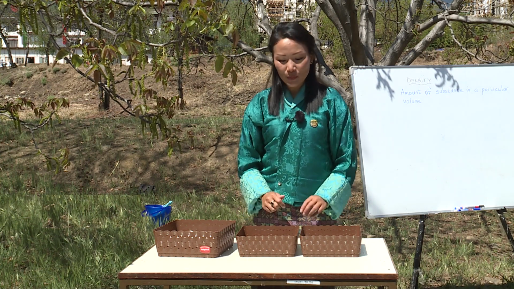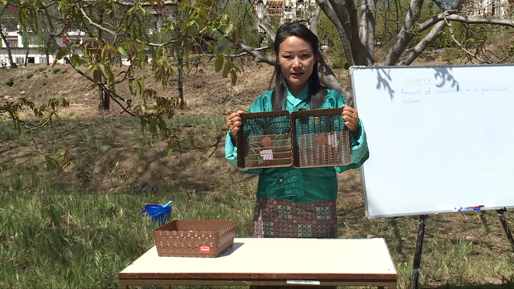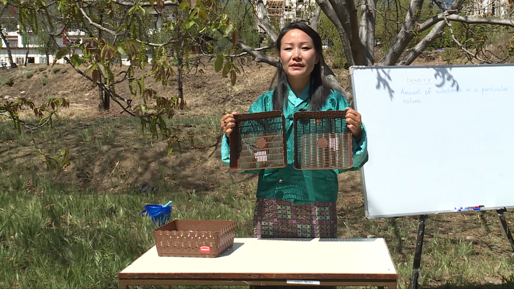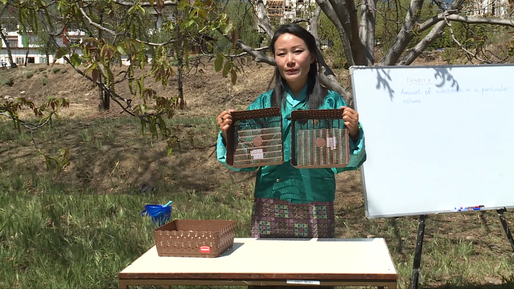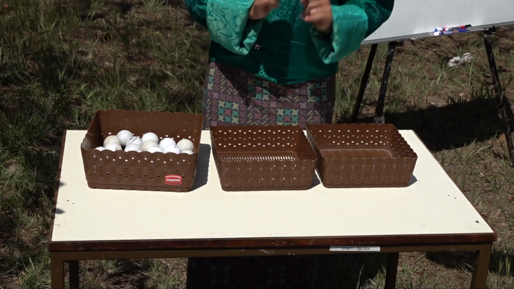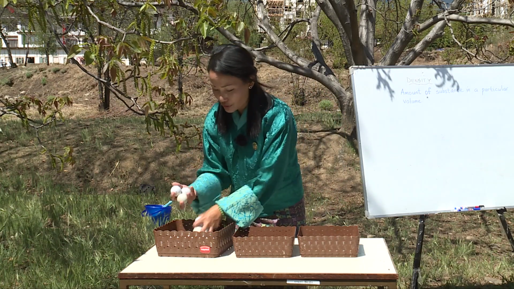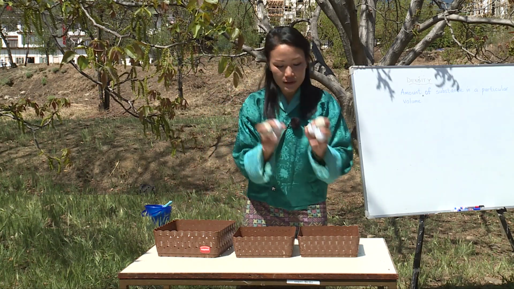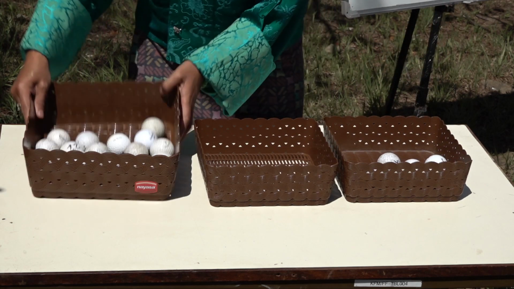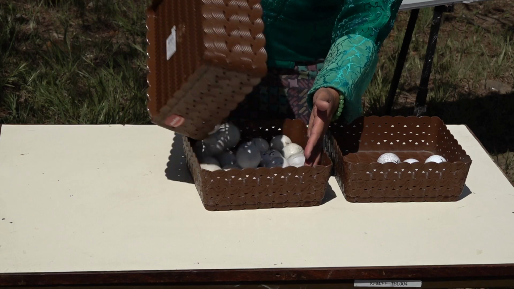Now, to begin with, I have here two same size baskets. So for now, you can assume that the volume of these two baskets are same. Keeping the volume constant, in the second basket here, I will put 6 balls, and the rest of the balls go into the first basket.